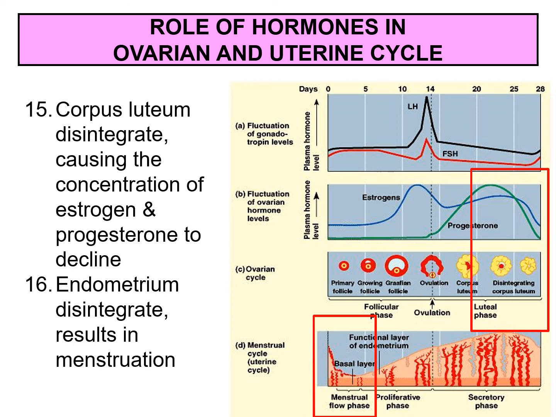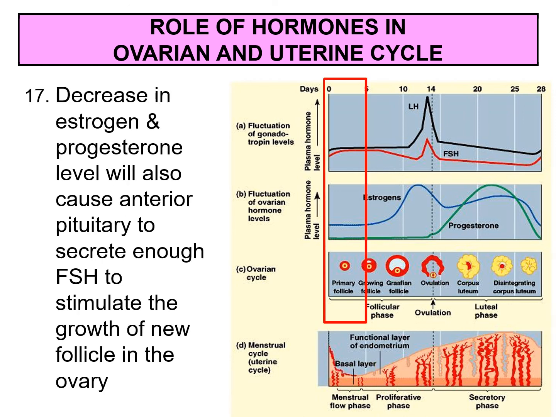So once the corpus luteum memang habis disintegrate, tak ada estrogen and progesterone, then the endometrium will shed off, so we will be bleeding. Decrease in estrogen and progesterone adalah permulaan kepada ovarian cycle pula balik.